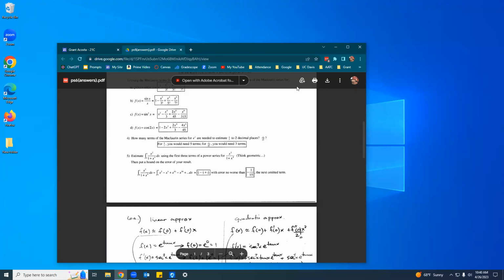So the idea here, and this is a common tactic, is that if the limit exists, then we know that the limit as n goes to infinity of a sub n has to be L, but also the limit as n goes to infinity of a sub n plus 1 has to be L. So basically we're just taking the limit of both sides.